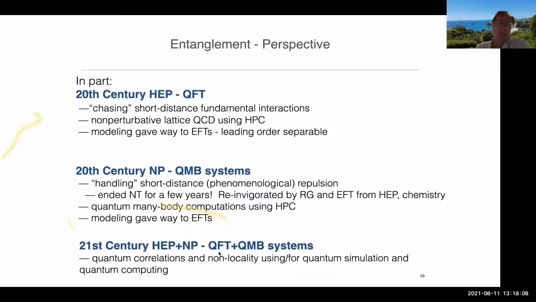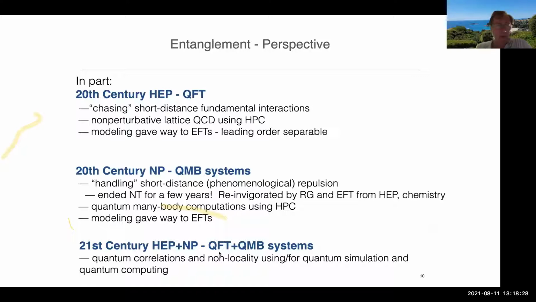And so these techniques allowed us to shift modeling to higher orders in a rigorous effective field theory expansion. So this allowed us to identify the big piece with controlled uncertainties, and then modeling and uncertainties were pushed to parametrically higher orders.